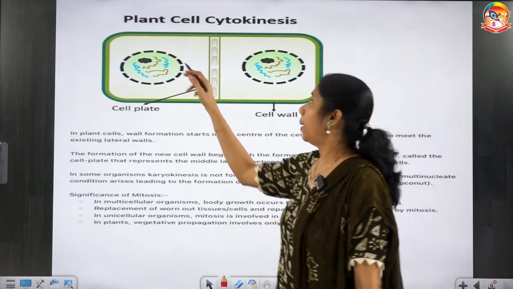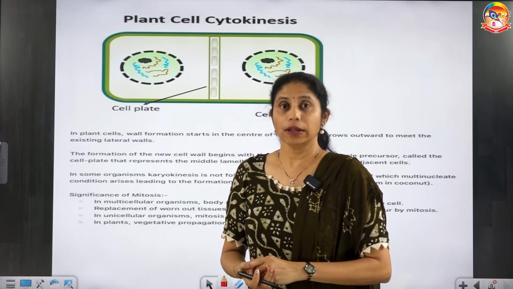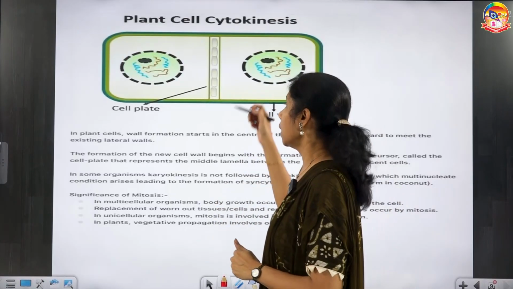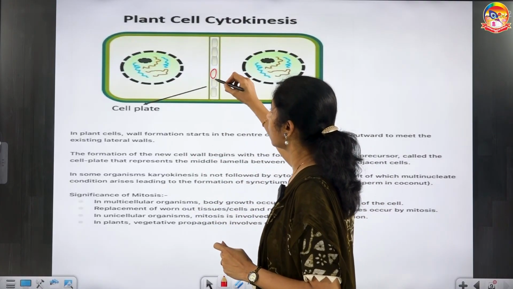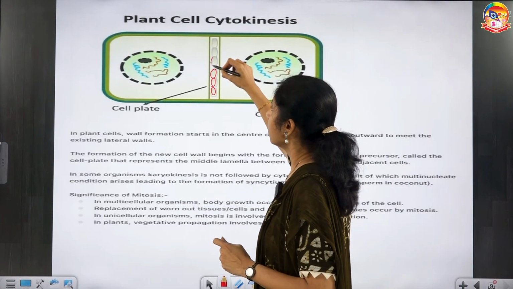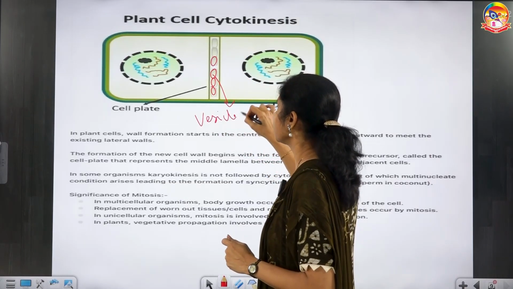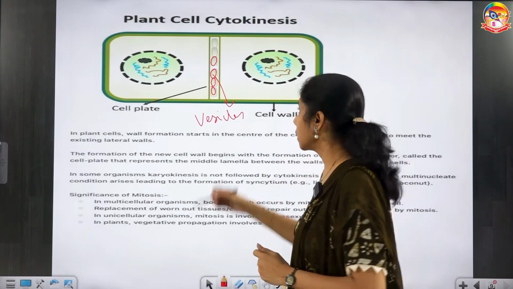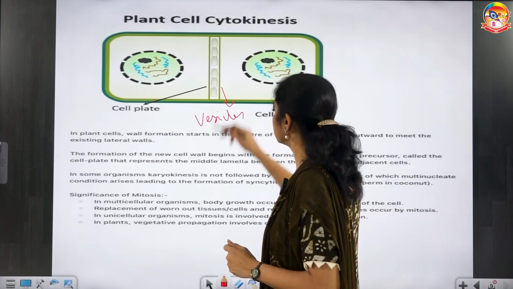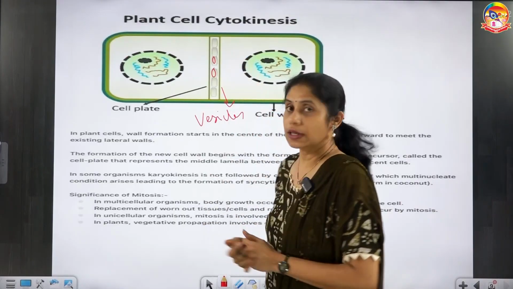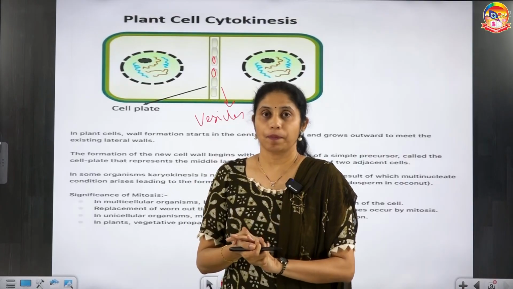Next one, plant cell cytokinesis. In plant cells, the events of cytokinesis are a little bit complex, where first the Golgi vesicles will start accumulating in the center of the cell. First one vesicle will come and appear in the center, then two vesicles will come and they'll exactly occupy the center of the cell.